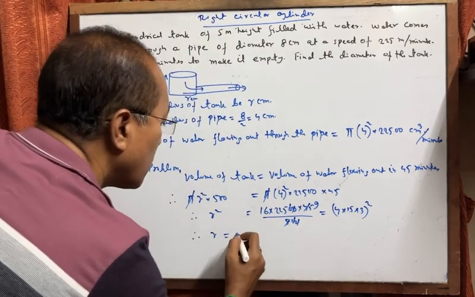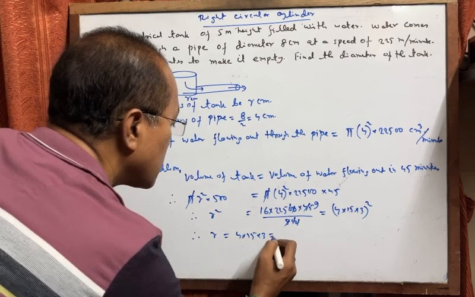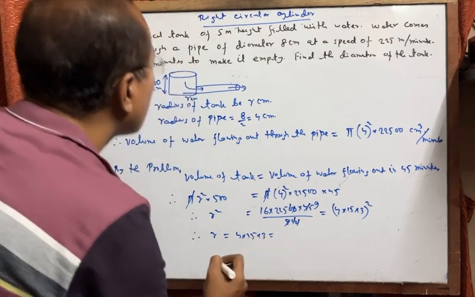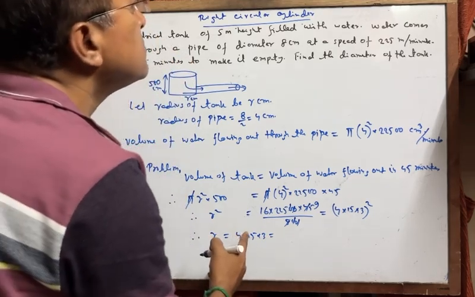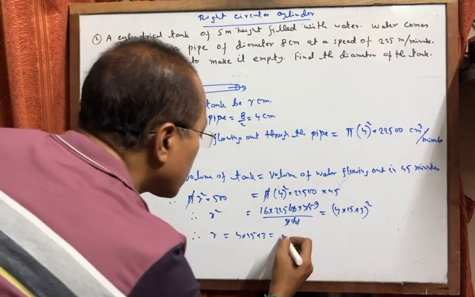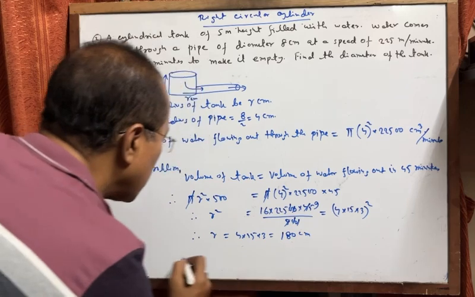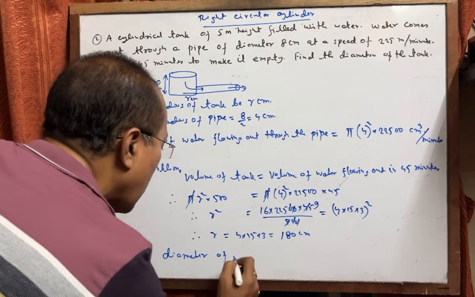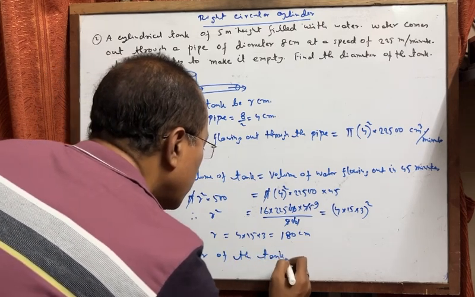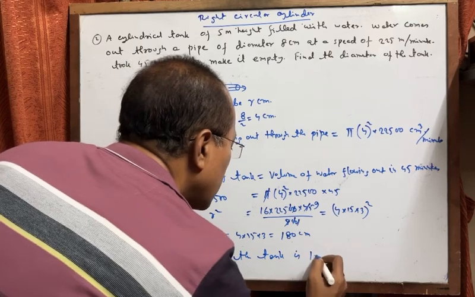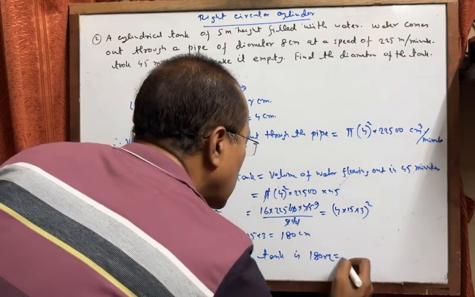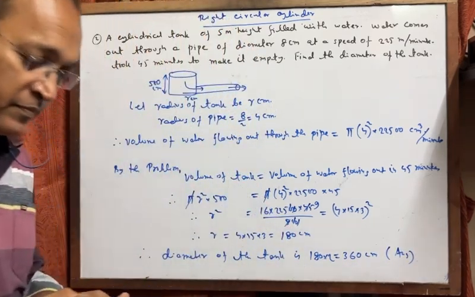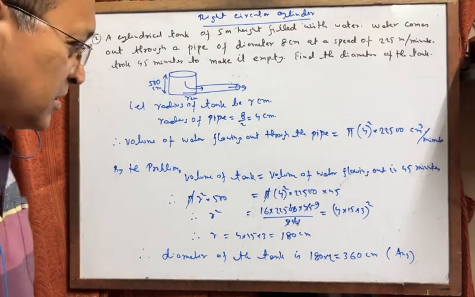Therefore r is equal to 4 into 15 into 3, which will be 180 centimeter. Therefore diameter of the tank is 180 into 2, that is 360 centimeter. Okay, so diameter of the tank is 360 centimeter.